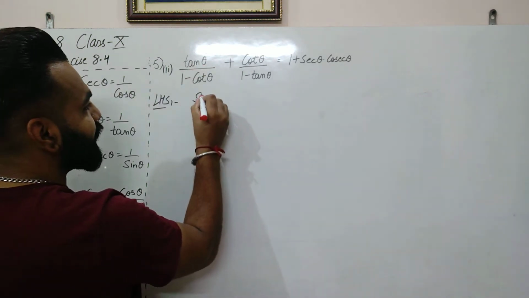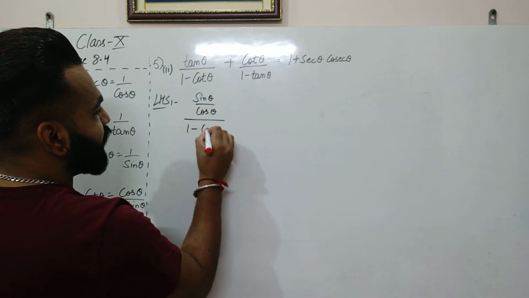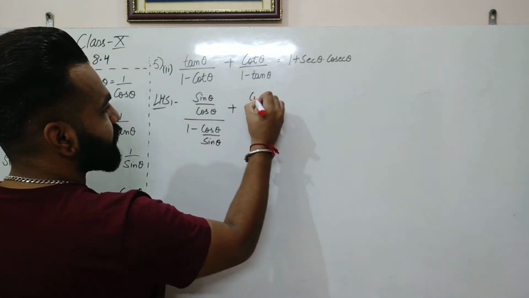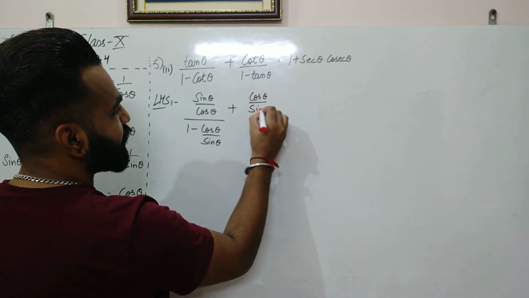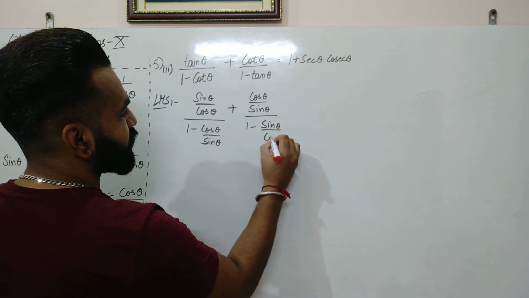Tan theta is sine theta by cos theta, and here this will be cos theta by sine theta, over 1 minus sine theta by cos theta.